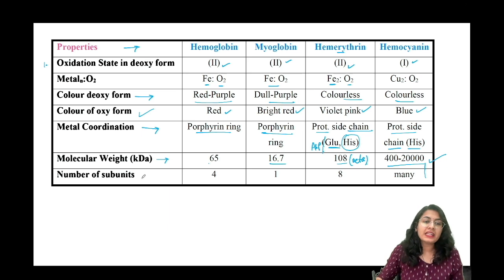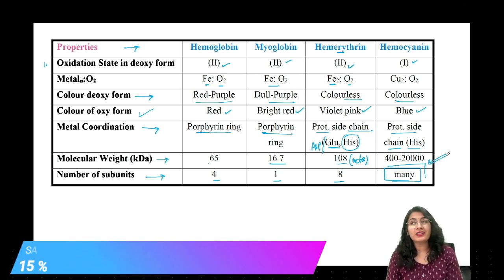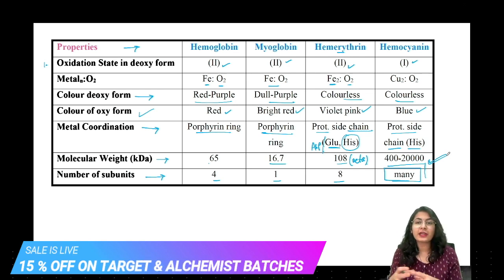Okay. Number of subunits 4, 1, 8 octamer, as I said, and this is many. That's why so much high molecular weight. Even though the structure of hemocyanin is the easiest, there are many subunits sticking together and making a bigger molecule, bigger system.